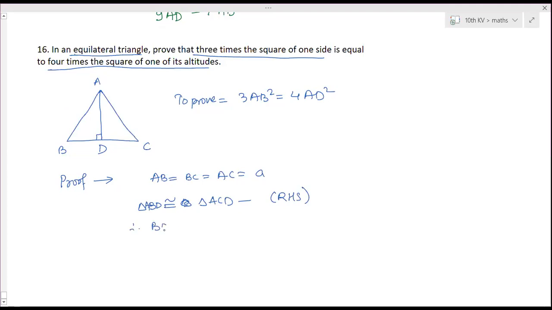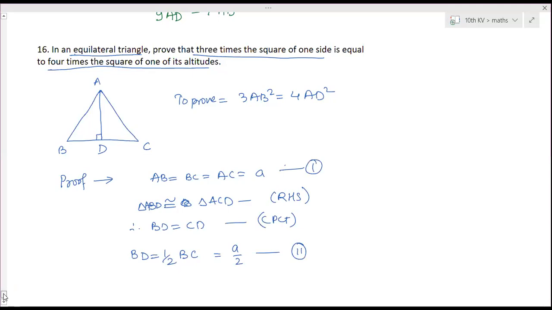So you have to mention that. BD is equal to CD by CPCT. And therefore BD is half of BC, that means half of A, so A by 2. So this is equation 1, this is equation 2.